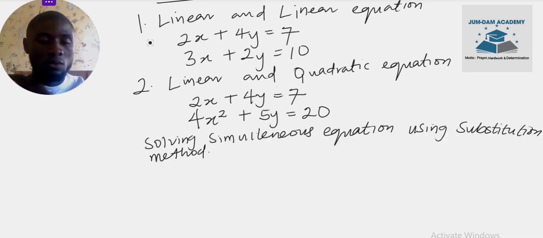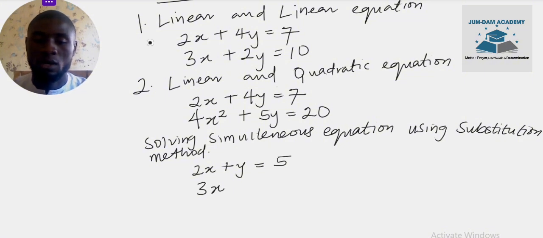Now, take a look at this simultaneous equation. 2x plus y is equal to 5. 3x plus 3y is equal to 9.